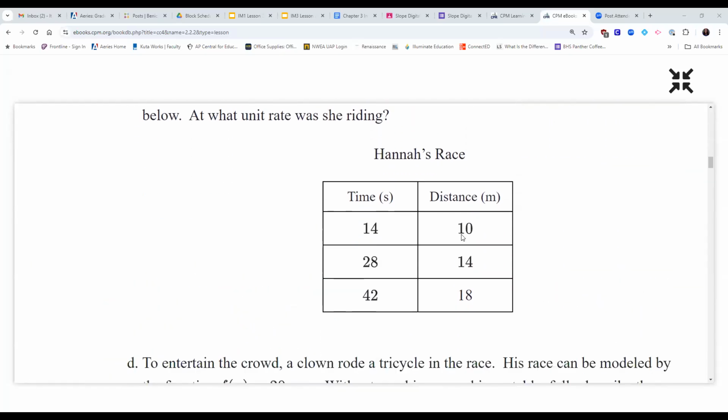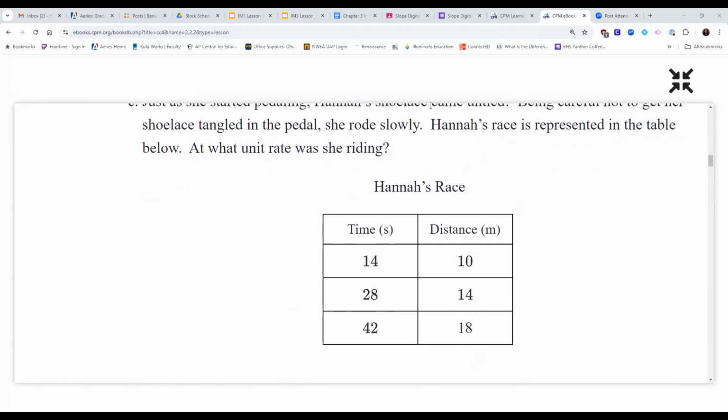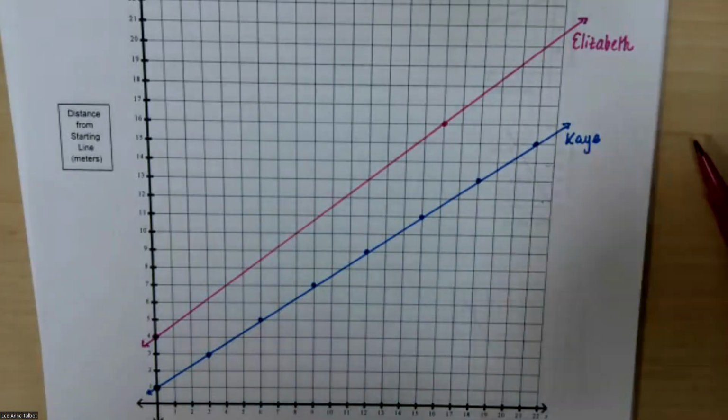Just as she started pedaling, Hannah's shoelace came untied. Being careful not to get her shoelace tangled in the pedal, she rode slowly. Hannah's race is represented in the table below. At what unit rate was she riding? Okay, so we have to graph coordinates for her. We're going to find the coordinate 14, 10 first.